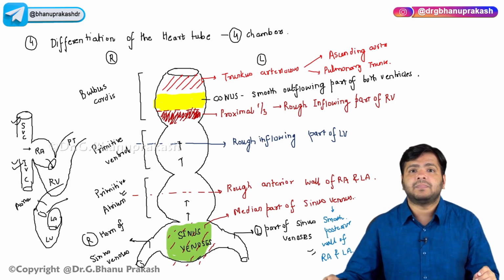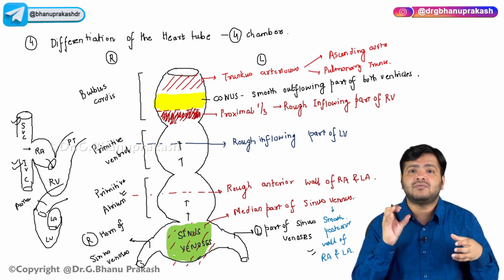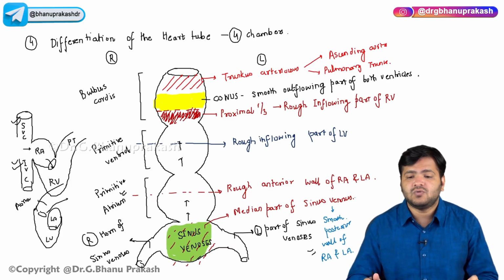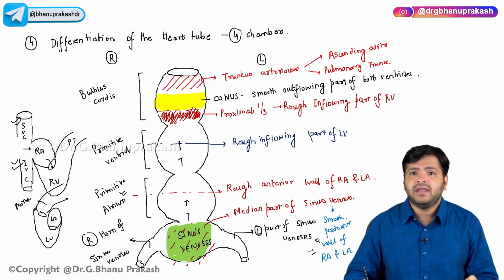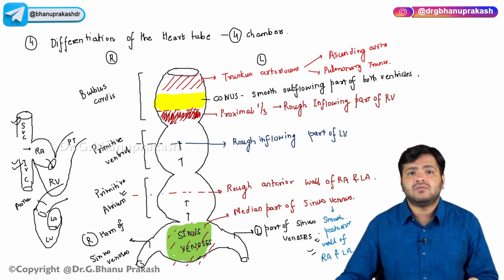All the major veins, the superior vena cava, inferior vena cava, the pulmonary veins, are draining into this smooth posterior wall, right? So that explains why all the major veins drain into this.